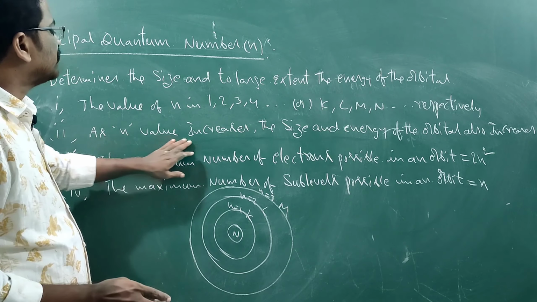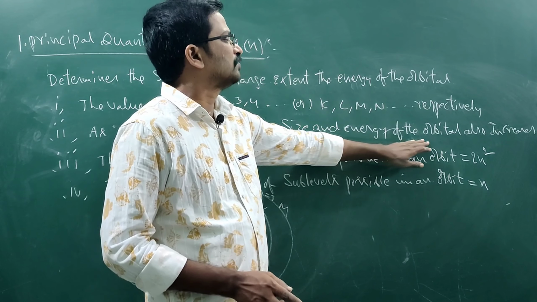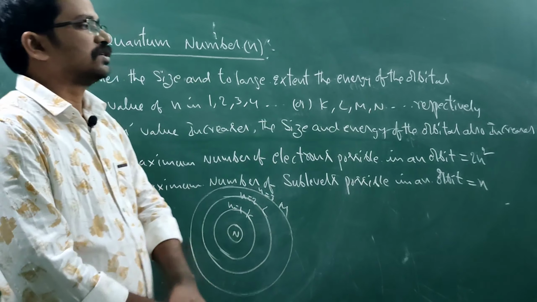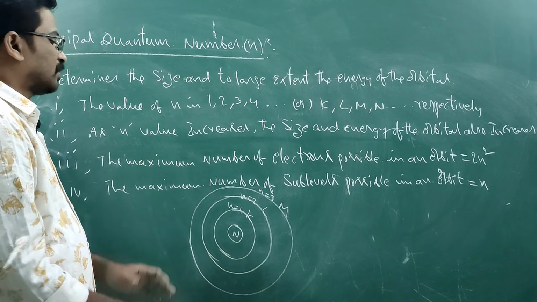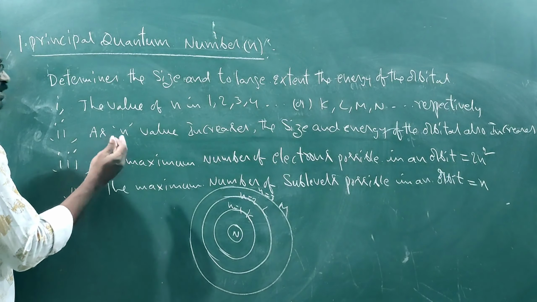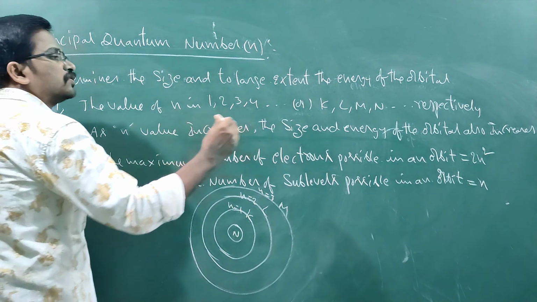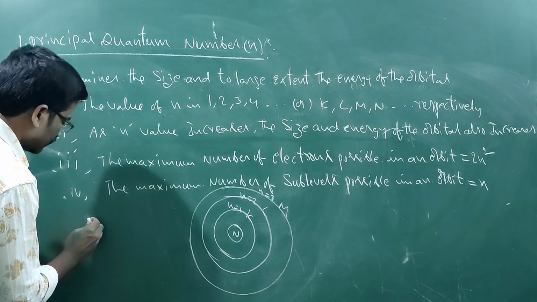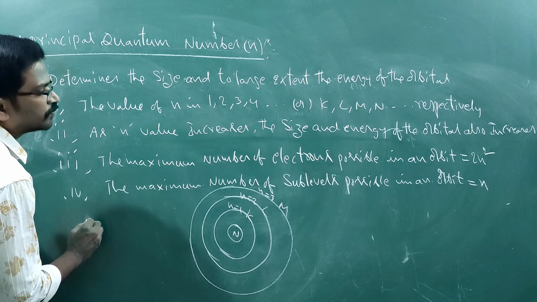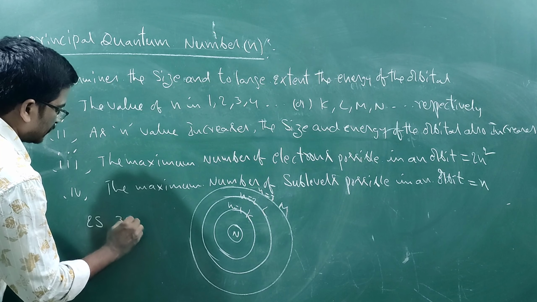As the n value increases, the size and energy of the orbital also increase. What does it mean? Let us take an example: 2s orbital and 3s orbital.